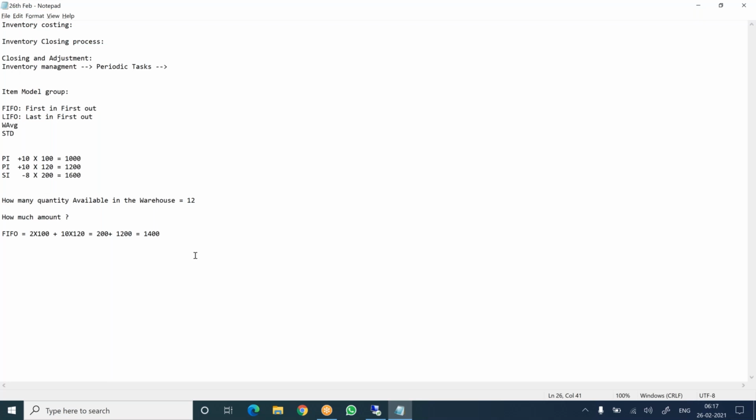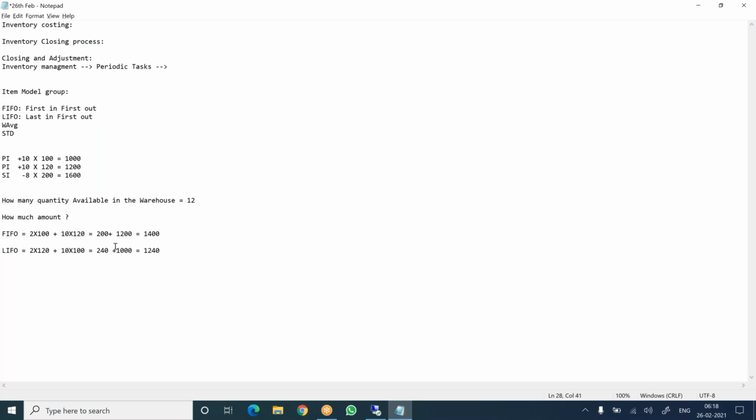Okay. Now if it is a LIFO calculation, guide me through the LIFO calculation. Anyone? It is simple, we have learned before. In the same manner, 2 into 120 plus 10 into 100. 2 into 120 is 240, plus 1000, is 1240.